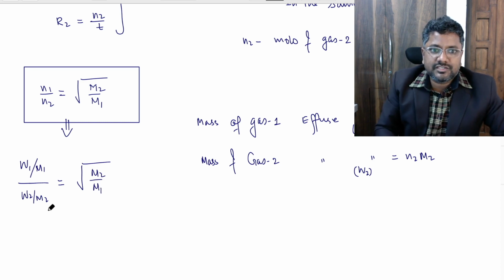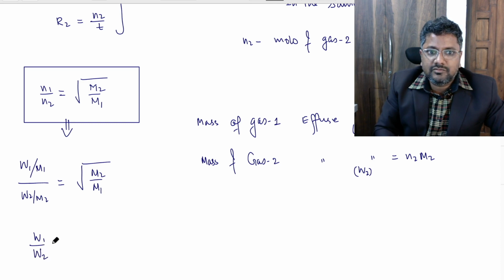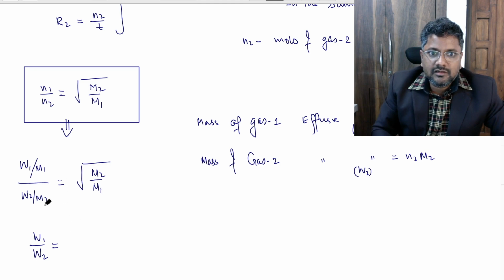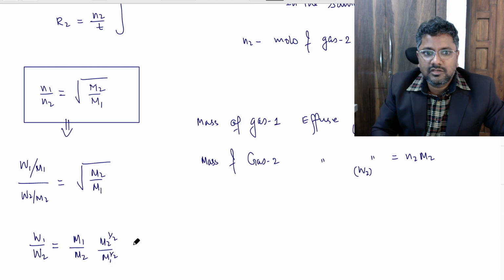So rearrange this equation. You will get W1 by W2 is equal to M1 by M2 into M2 to the power 1 by 2 by M1 to the power 1 by 2.